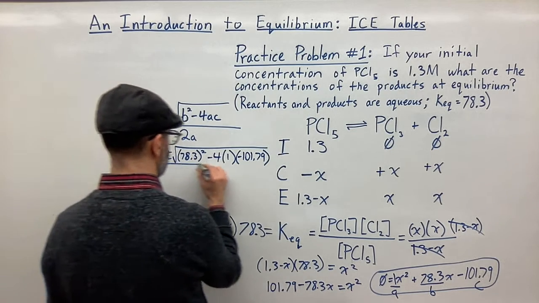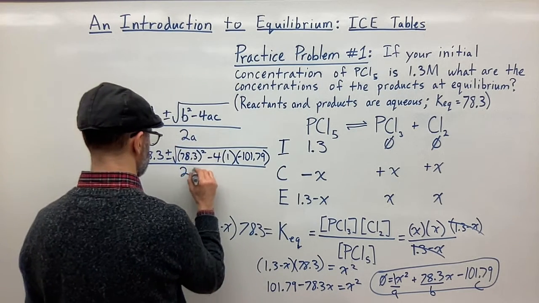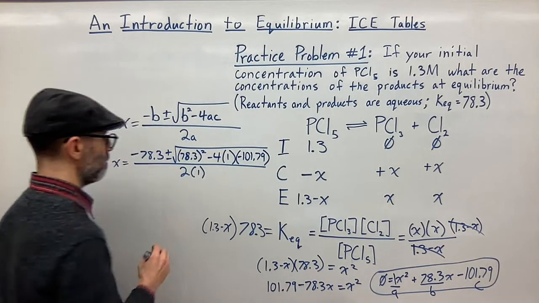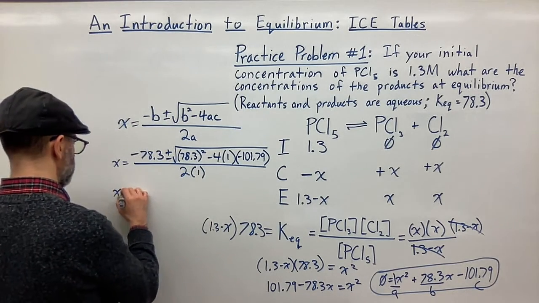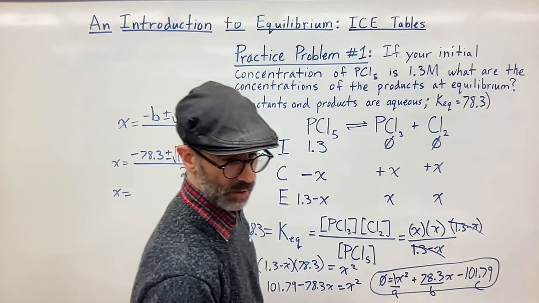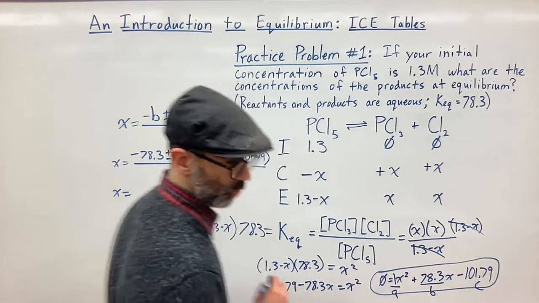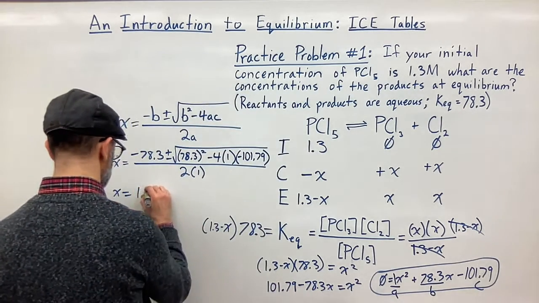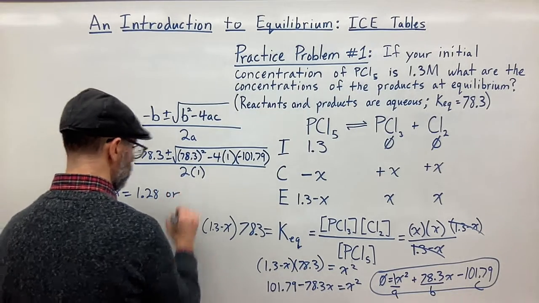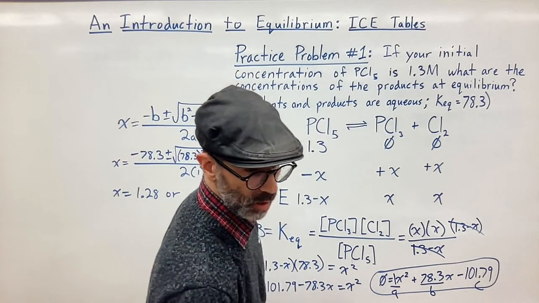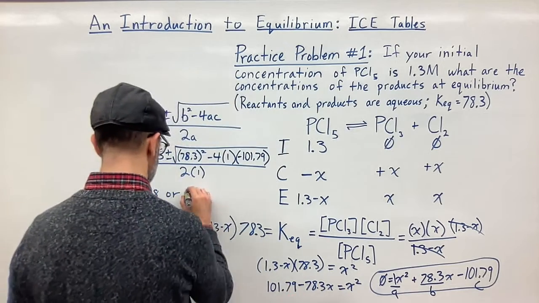And then all of this divided by 2 times A, which is 1. And then when you solve that, you get x is equal to 1.28 or negative 79.58.